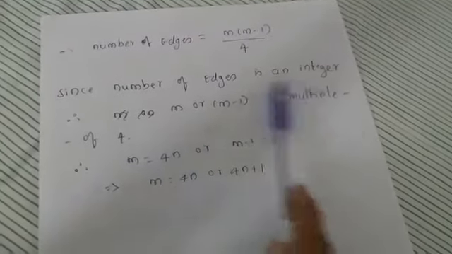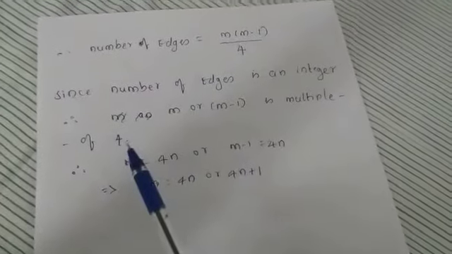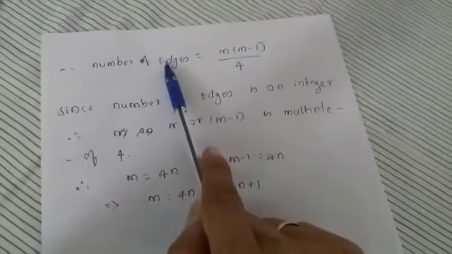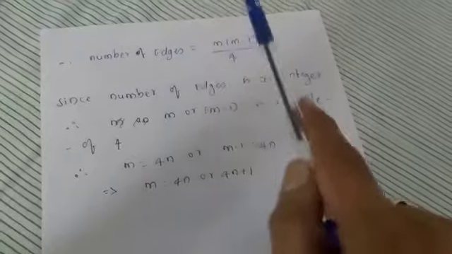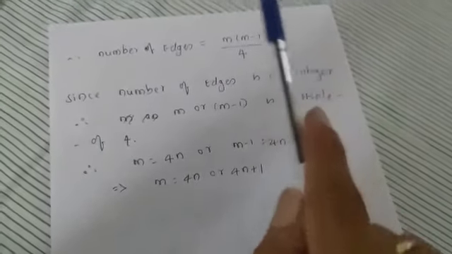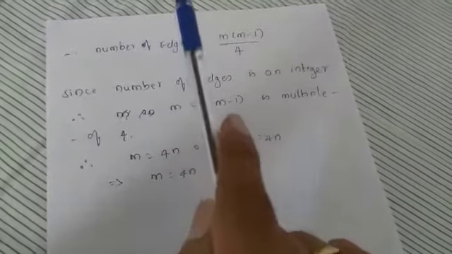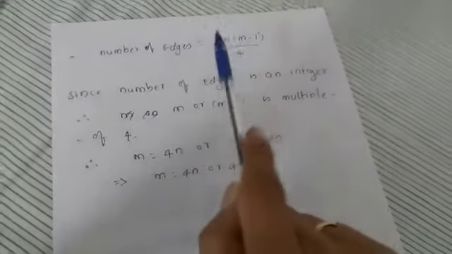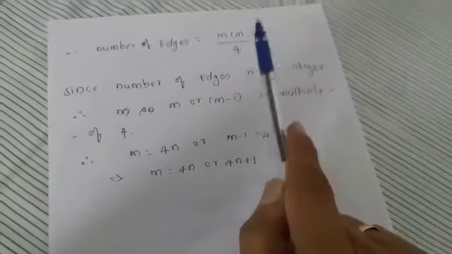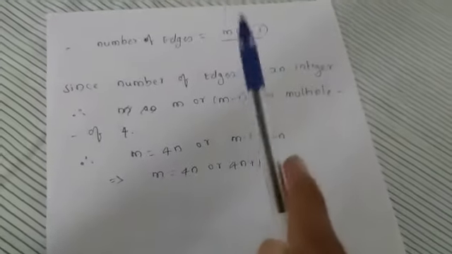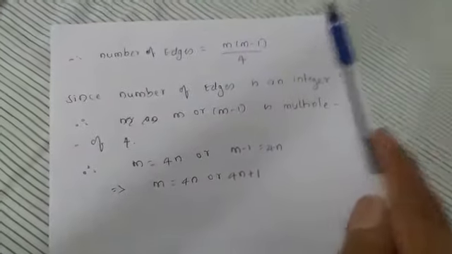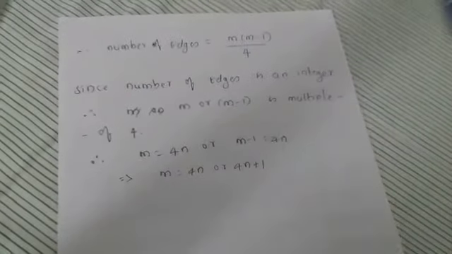I will repeat it because it is a very important step in this example. The number of edges can't be 1.2, 1.3, 1.4 and so on. It should be 1 edge, 2 edges, 3 edges, 4 edges and so on.